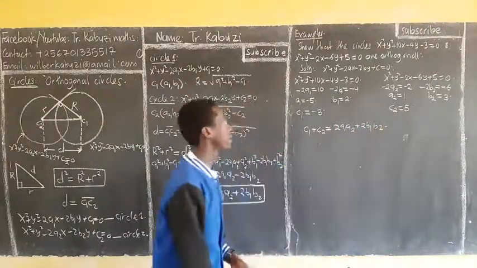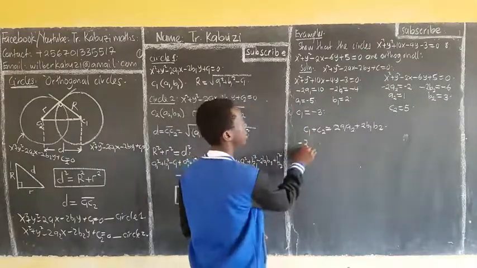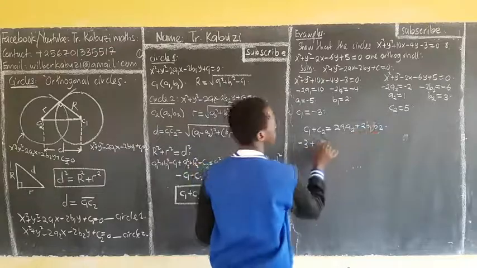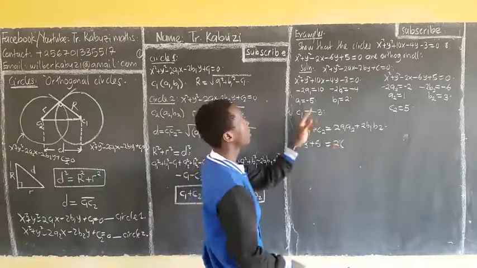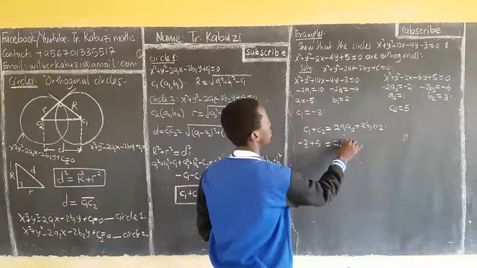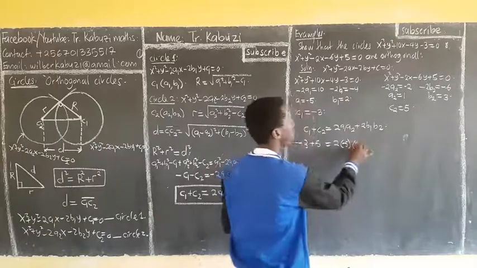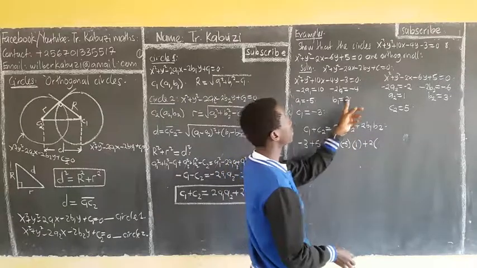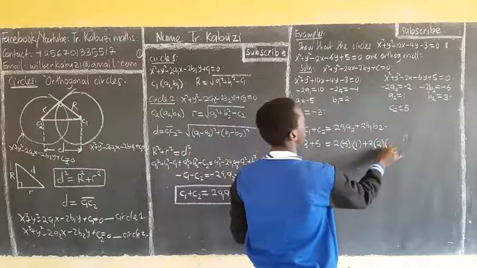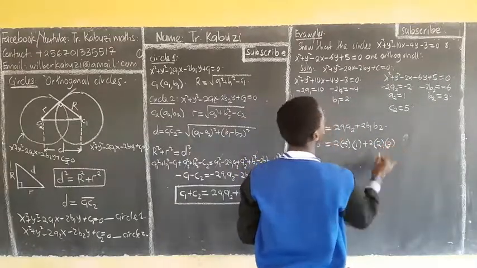So now we check. We have c1 plus c2 equal to 2 into a1, a2, we have 1, then plus 2 b1, b2, b2 is 3.